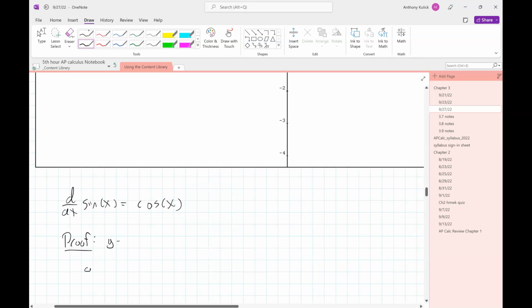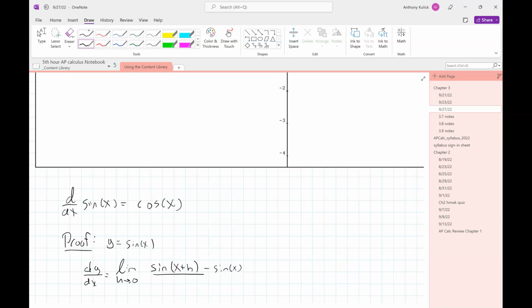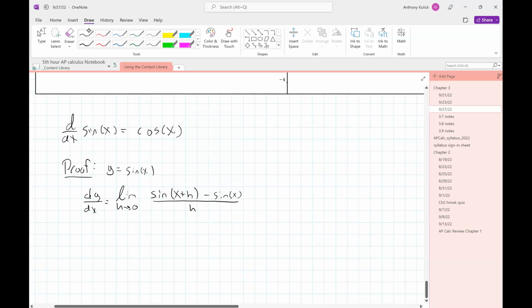Okay, so if y is equal to sine x, dy/dx I can find by the limit as h approaches 0 of sine of (x plus h) minus sine of x, all over h. Everybody okay there? What do you recognize here?